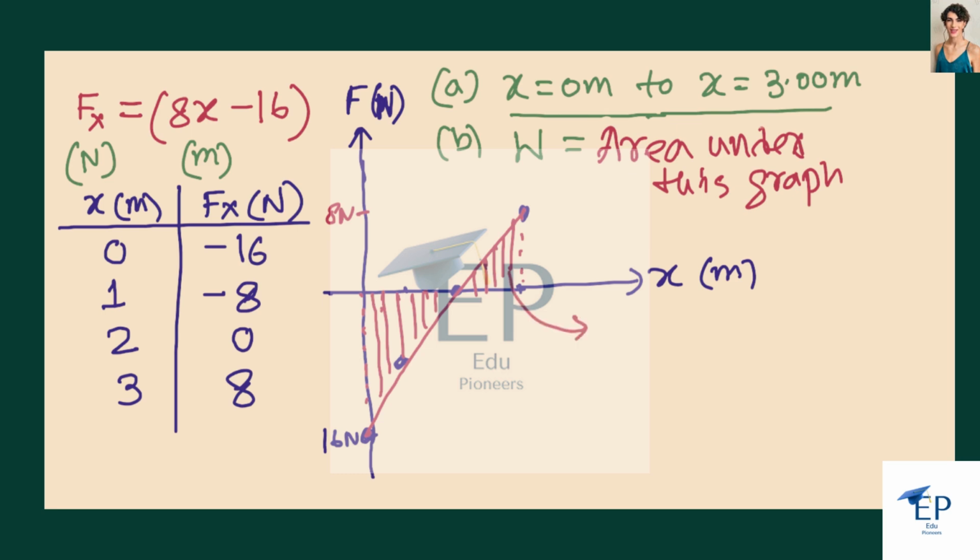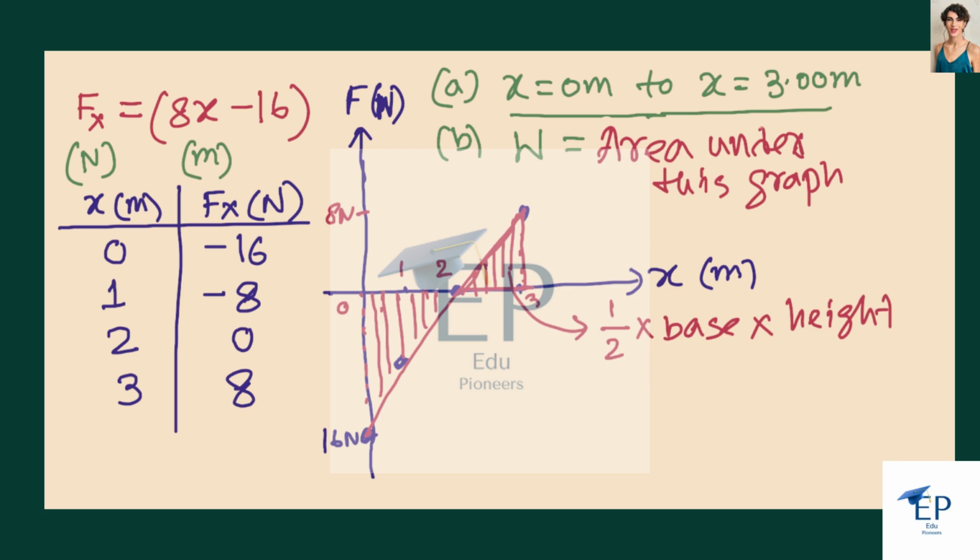You know this is 0, this is 1, this is 2, and this is 3. The area of this part is half times base times height, because this is a triangle, and the area of a triangle is half base times height.